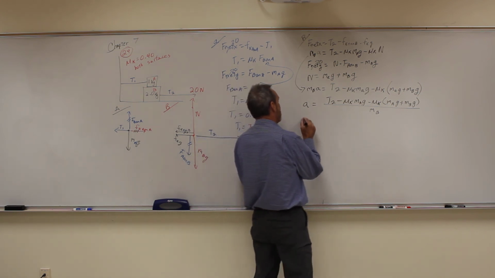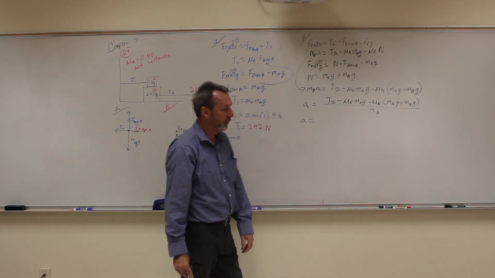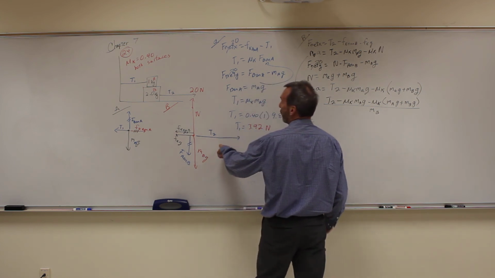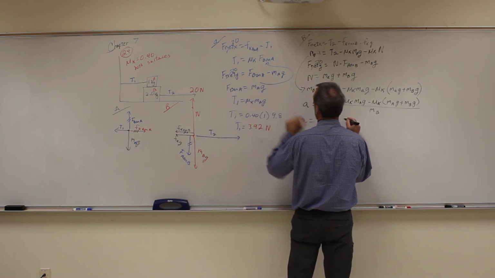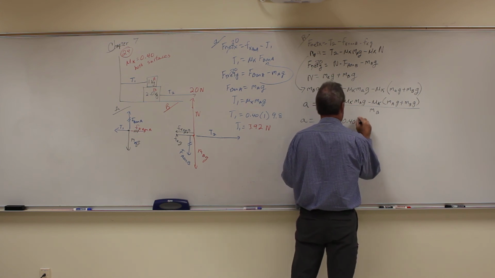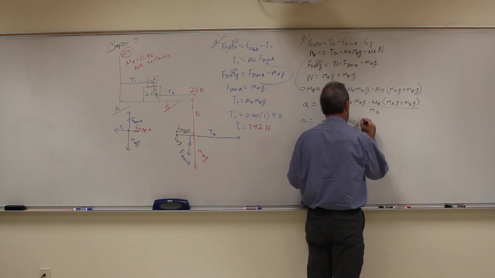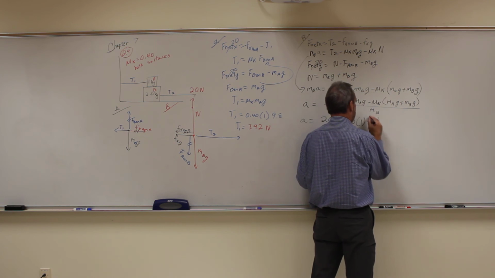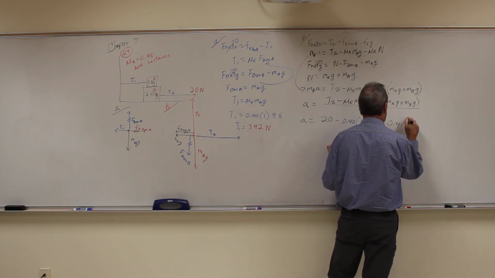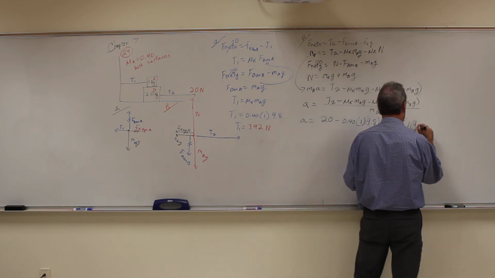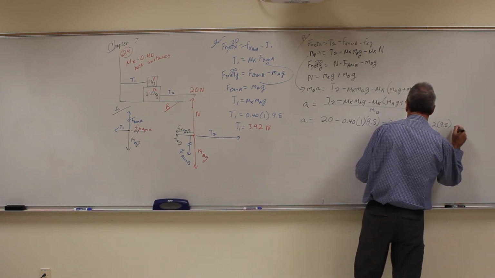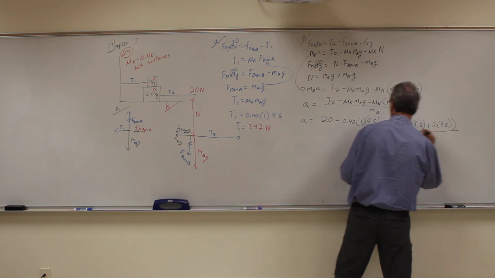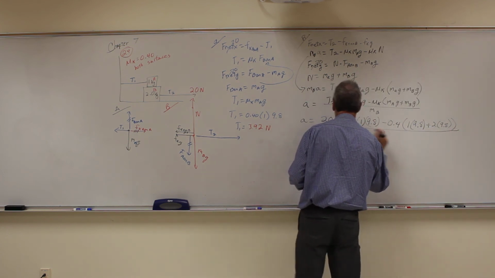All right, I have all those numbers, so I can just plug all this in. Tension 2 is equal to 20 newtons. They gave us that, so we have 20 minus 0.4 times 1 times 9.8 minus 0.4 times 1 times 9.8 plus 2 times 9.8, all over 2.